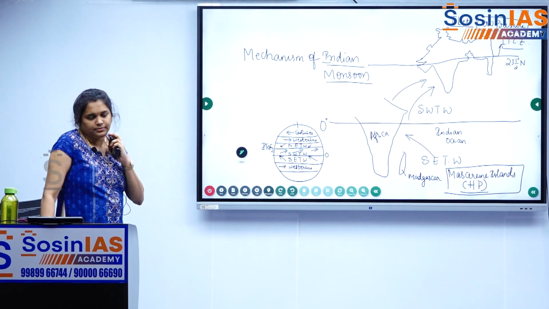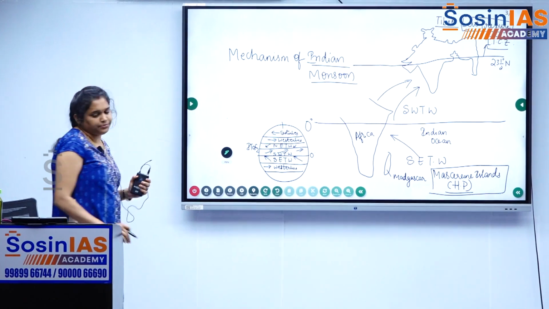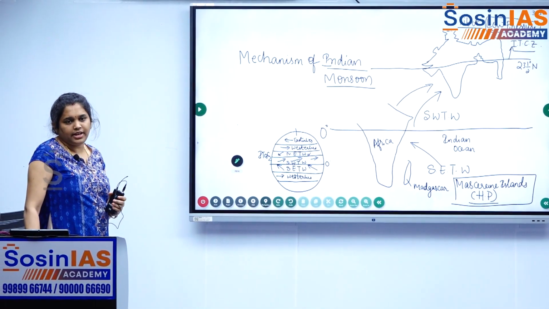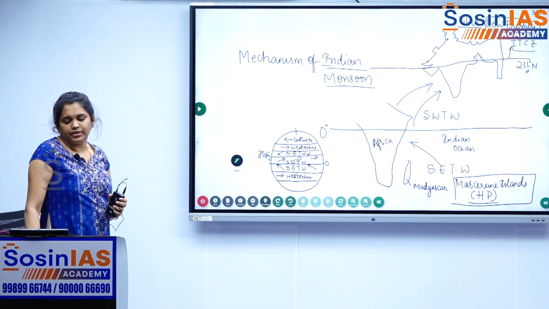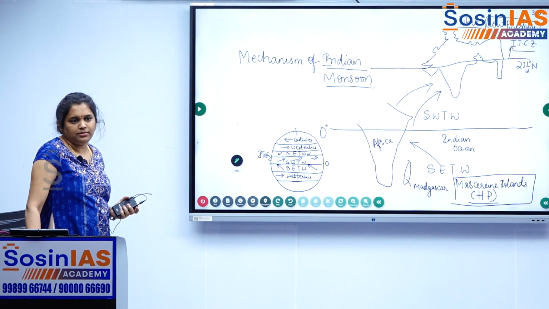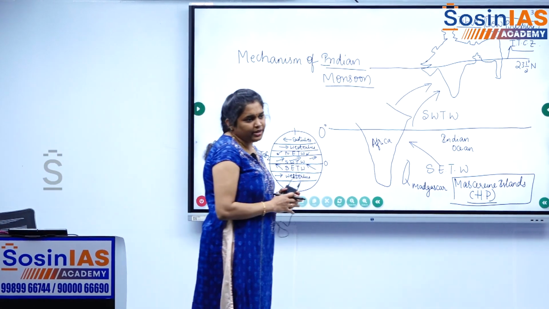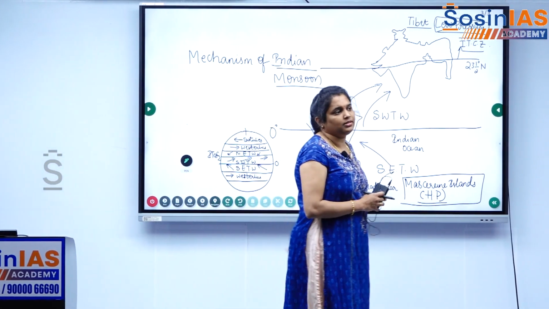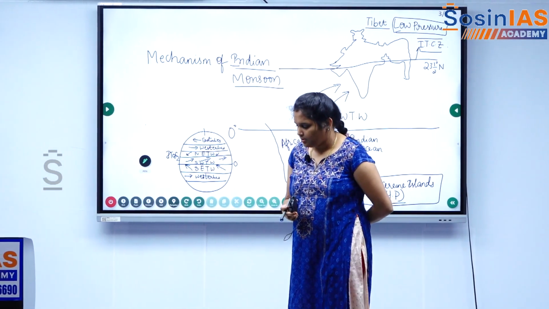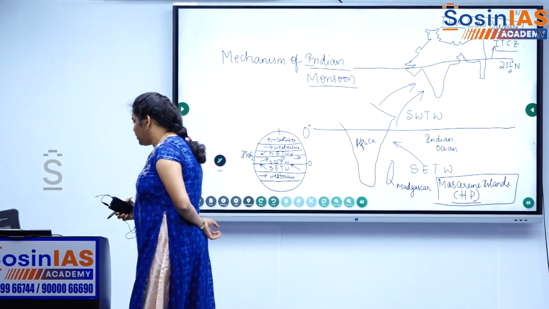During summer, the sea breeze gives rainfall, and during winter, land breeze doesn't provide rainfall.